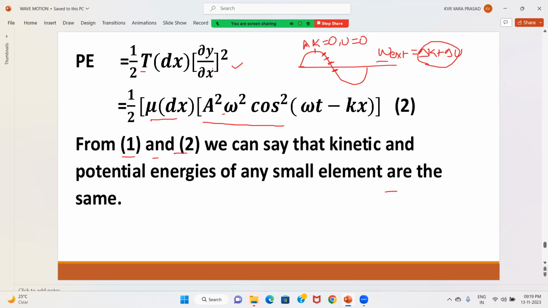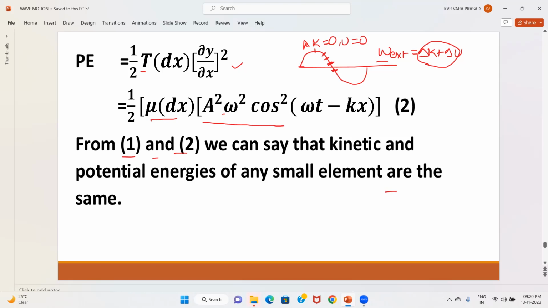Dou y by dou x is slope, square of the slope, right? When slope is maximum, potential energy is maximum. So at mean position, slope is maximum, so potential energy of that element is maximum. That means kinetic energy is also maximum because both are the same.